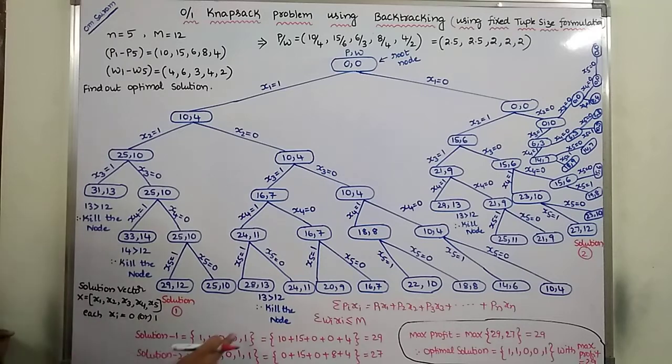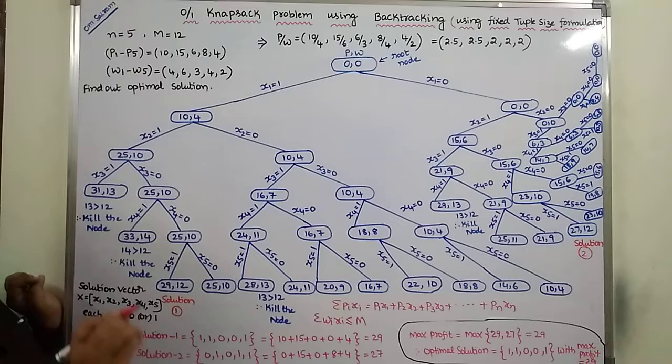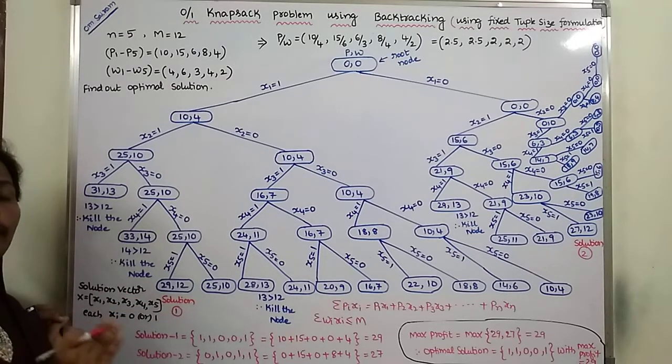For example, this is one solution vector: 1 1 0 0 1. That means x1 is equal to 1, x2 is equal to 1, x3 is equal to 0, x4 is equal to 0, x5 is equal to 1. Each xi can take either the value 0 or 1. Xi equal to 0 means that object is not considered, and xi equal to 1 means that object is considered.